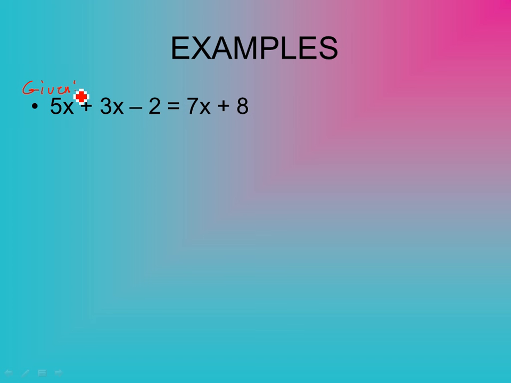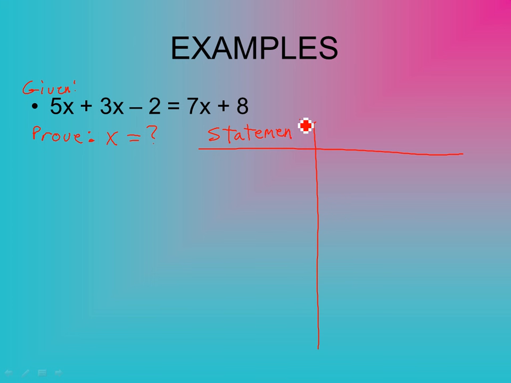This is our given information, what we're told there, and then what we're trying to prove, it'll have it this way in the book, is x equals some number, whatever x happens to equal in these cases where we're doing these algebra 2-column proofs. Normally in geometry we would have a picture, a diagram, and we would really think it through before we started writing our 2-column proof, but when we're doing these algebra proofs, we can just sort of jump right into doing it.